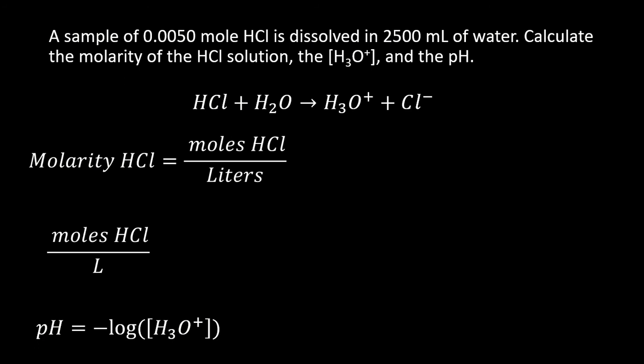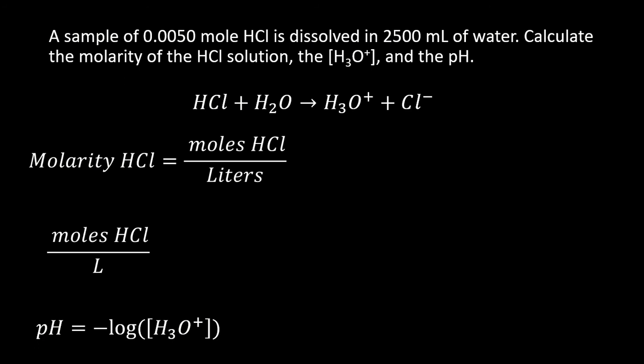A sample of 0.005 moles of HCl was dissolved in 2,500 milliliters of water. Calculate the molarity of this HCl solution, then the concentration of H3O plus or hydronium ion, and then calculate the pH.